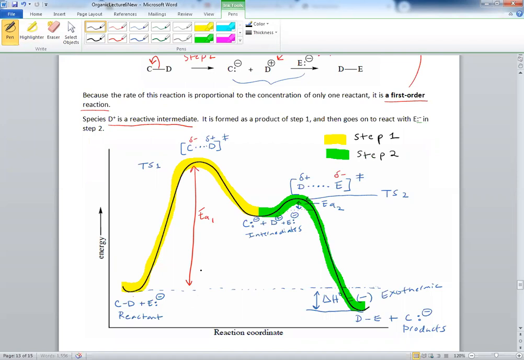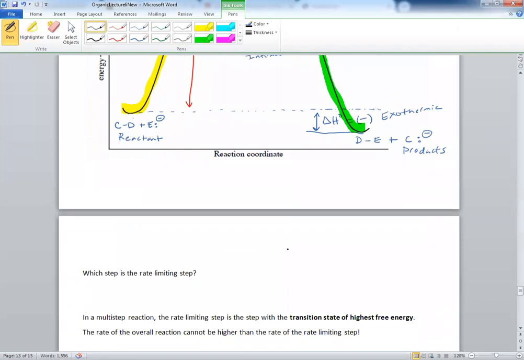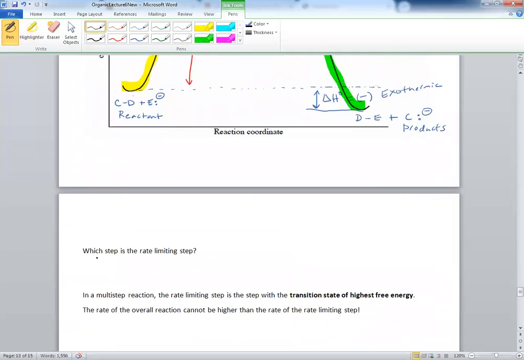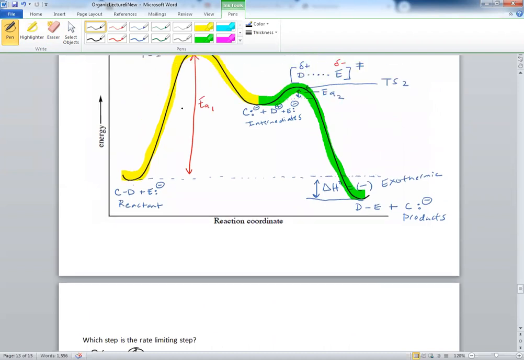Which one would be my rate limiting step? It's the one with the higher activation energy. Or it's actually answered down there. I'm going to say it's step 2. Step 1, my apologies. It's the one with the highest activation energy right here.